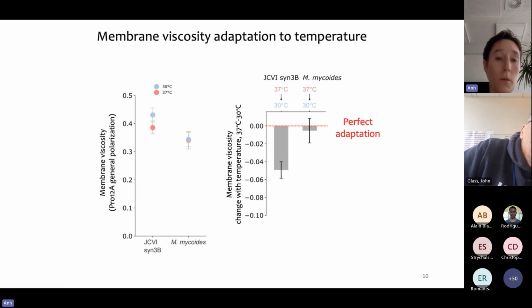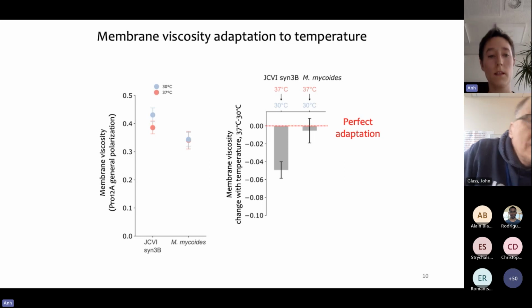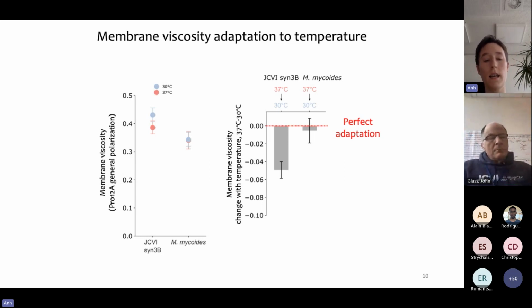According to the theory of homoviscous adaptation, if we do not observe any changes in membrane viscosity in the organism as it moves to a lower temperature, then we can say that this organism adapts its membrane property, viscosity, at different growth temperatures and maintains it very tightly controlled in some defined range.